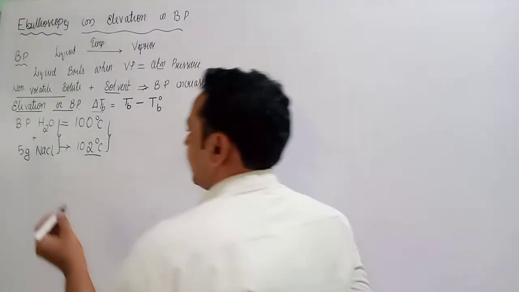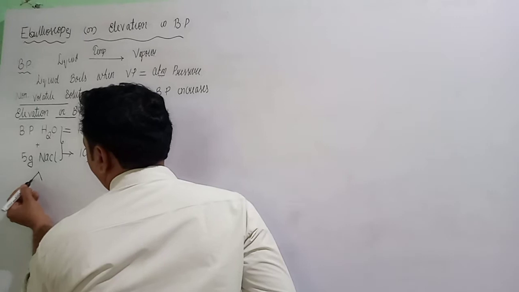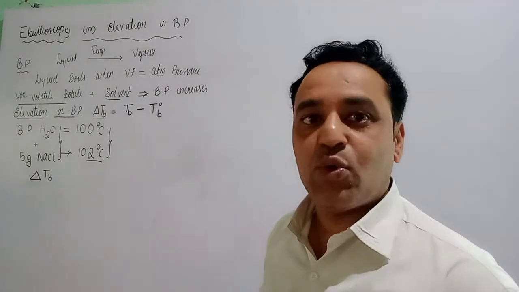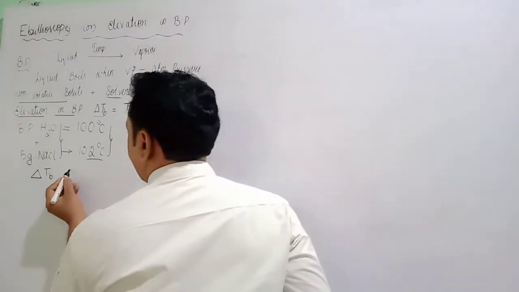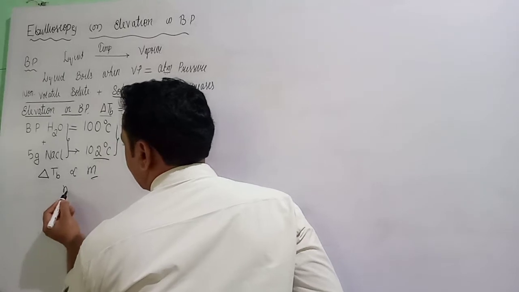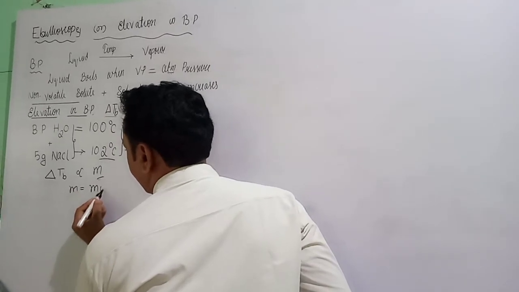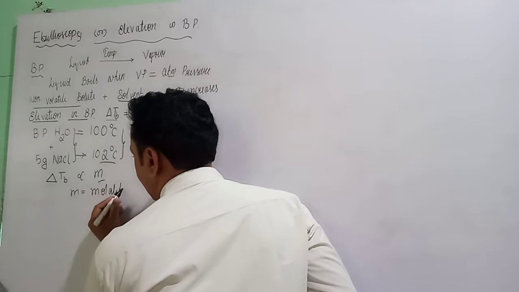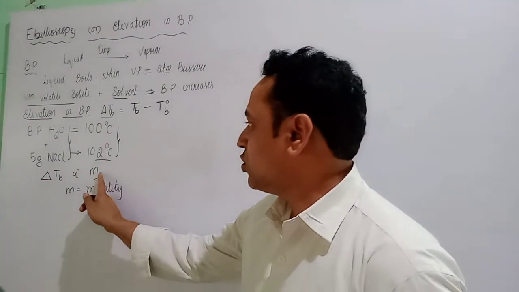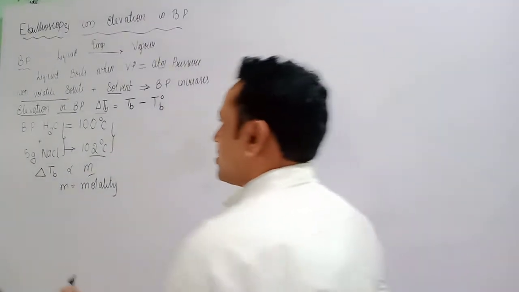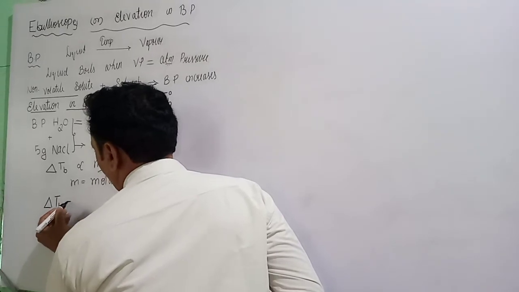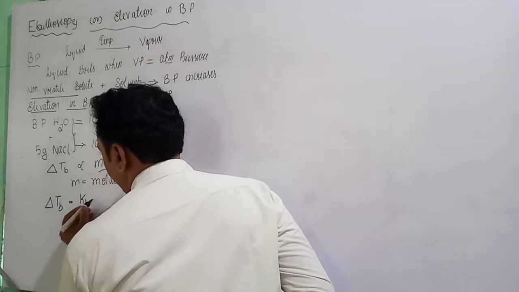And always remember, delta TB, elevation in boiling point, is a colligative property that depends on the number of solute particles you added. That's why it is directly proportional to m, where m is molality. So delta TB is directly proportional to molality. Now the proportionality symbol can be replaced: delta TB is equal to Kb into m.